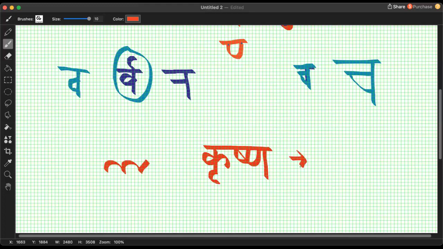What happens if you're writing Krishna? We all know "Ko" will take up this form, and here "Kru", you write it like this.